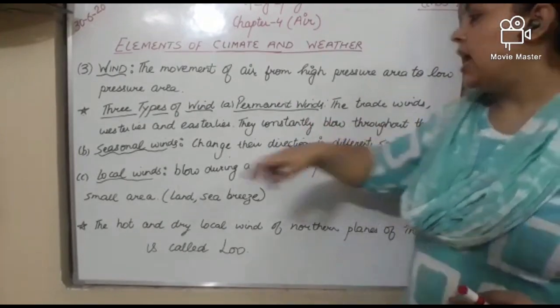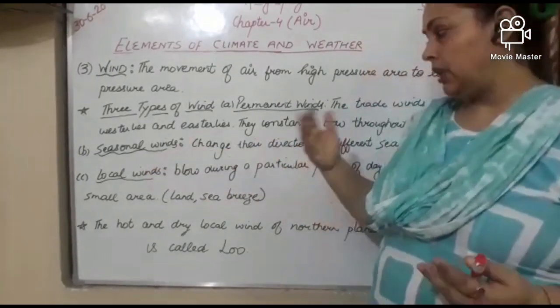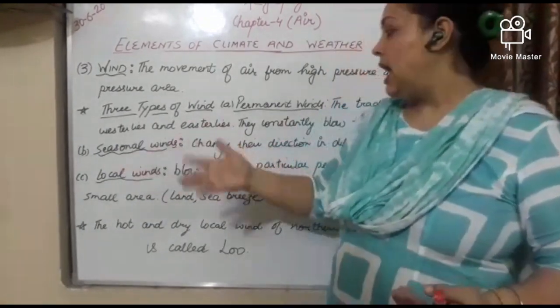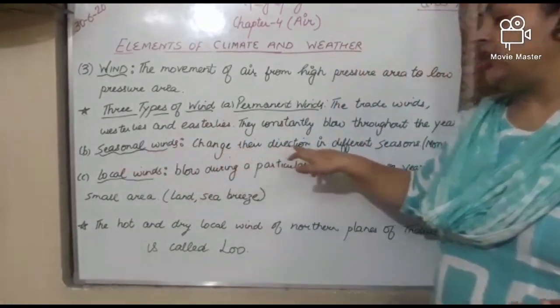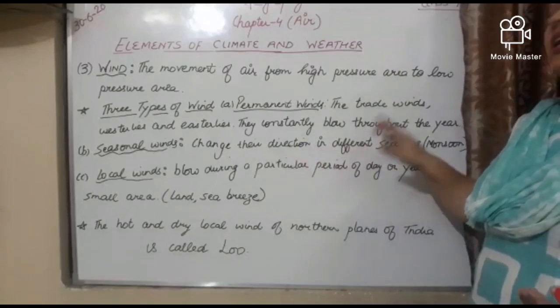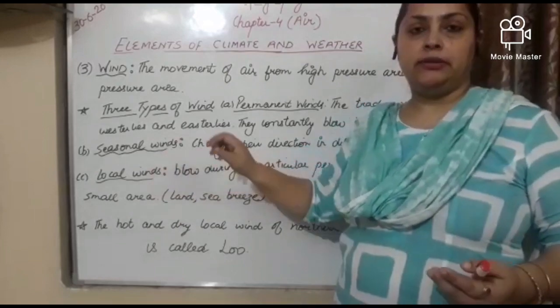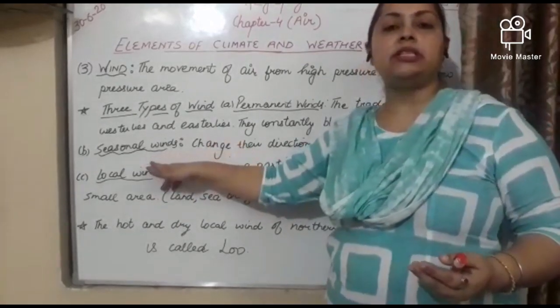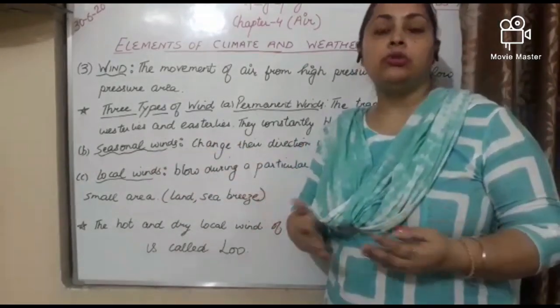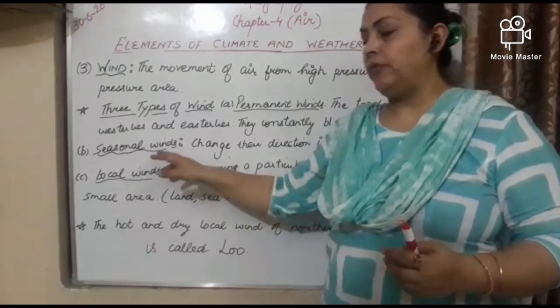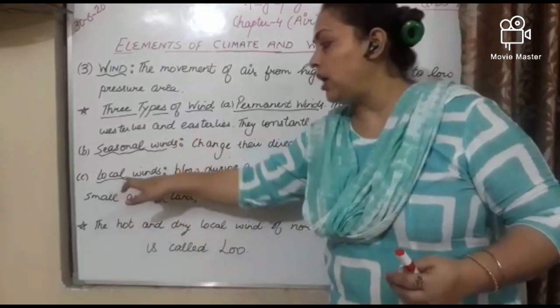The second is seasonal winds. Again, from the name you can guess: the winds that change their direction in different seasons are known as seasonal winds. What will be an example of seasonal wind? It will be the monsoon of India. And the last one is local wind.